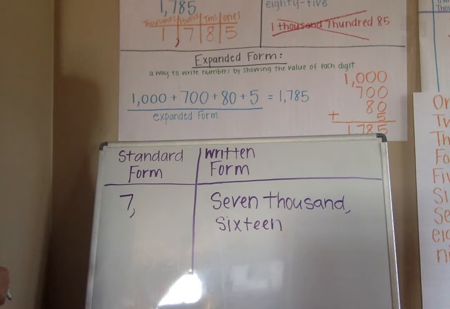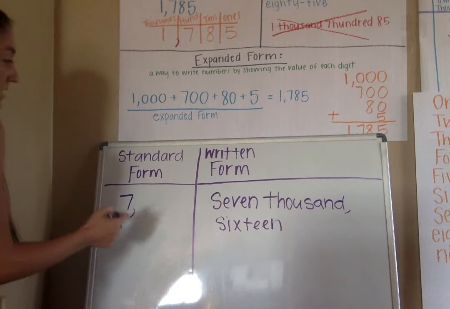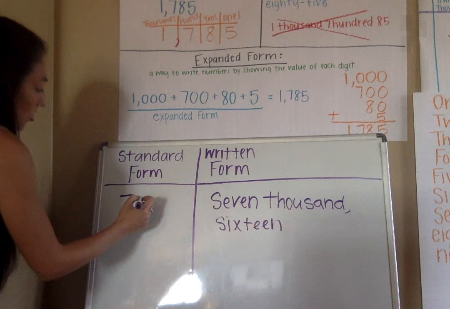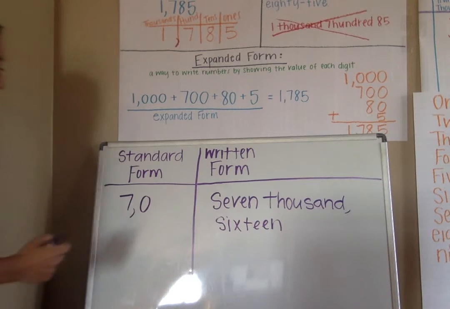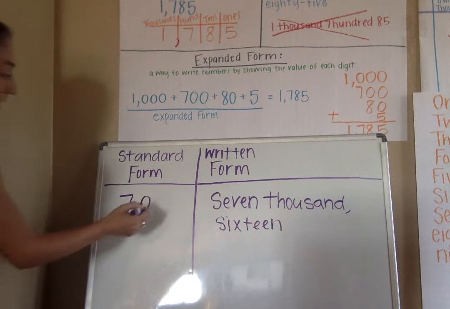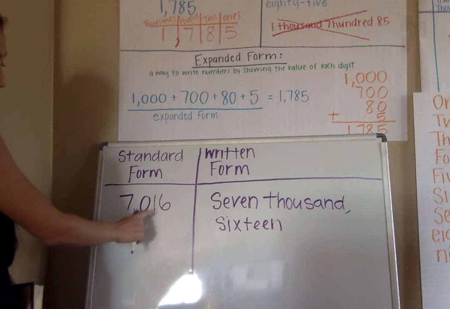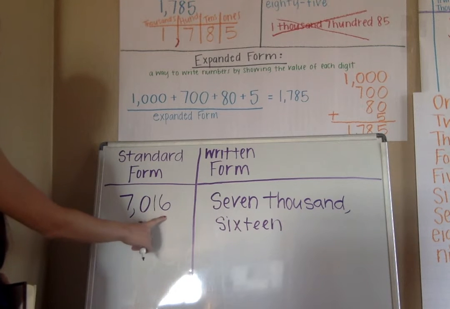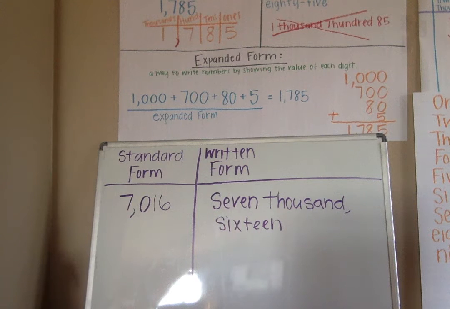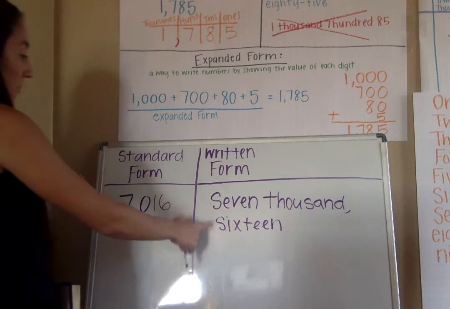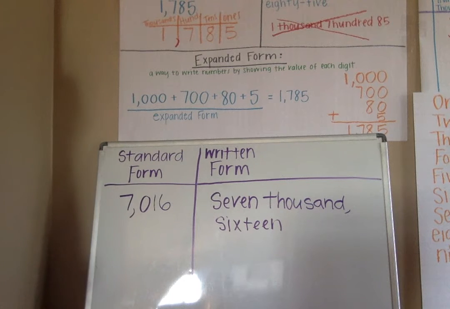Now I didn't say anything about the hundreds place, so when the hundreds place is not brought up, you put a 0 as that placeholder, and then I would write 16. Just like that. Because 16 represents a 10 and a 6. The 10 would be in the tens column, and the 6 would be in the ones column. So that's how we go from written form to standard form.